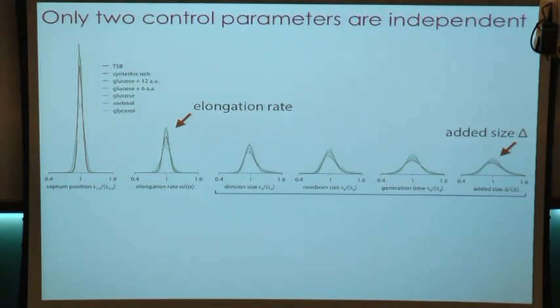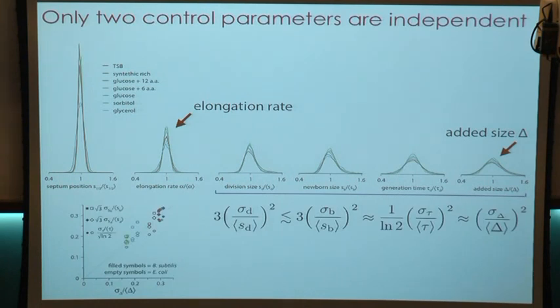And then you write down the mathematical descriptions of growth and division processes, taking these two as the input parameters of your modeling. Then if our claim is truly correct, that these two parameters are independently controlled and are sufficient to describe all our statistics, then by taking these two as input, we should be able to reproduce all other parameters and their distributions. And indeed, that was the case. Okay?